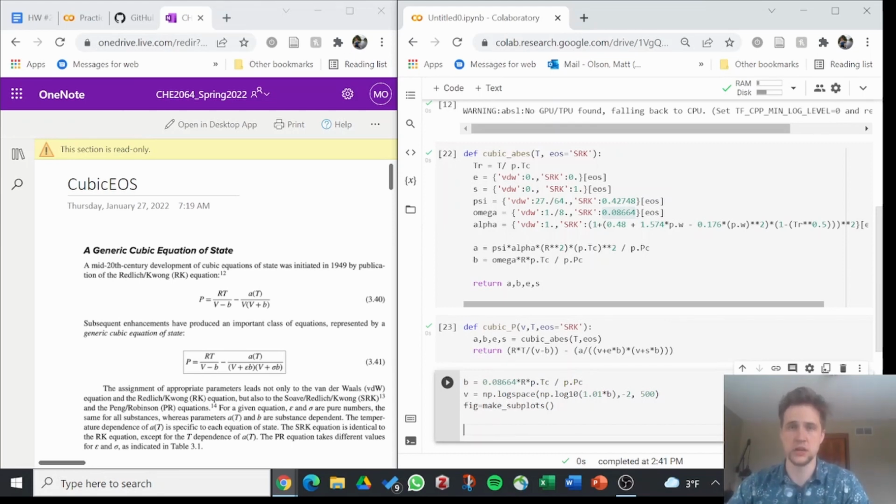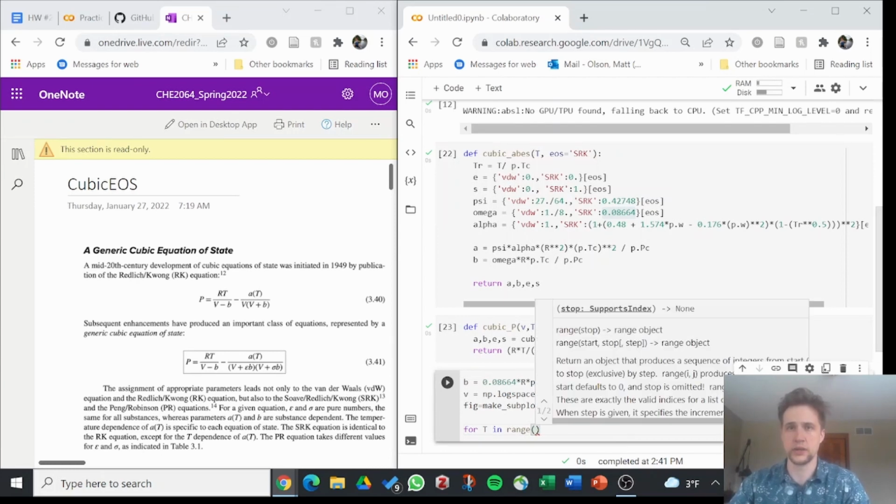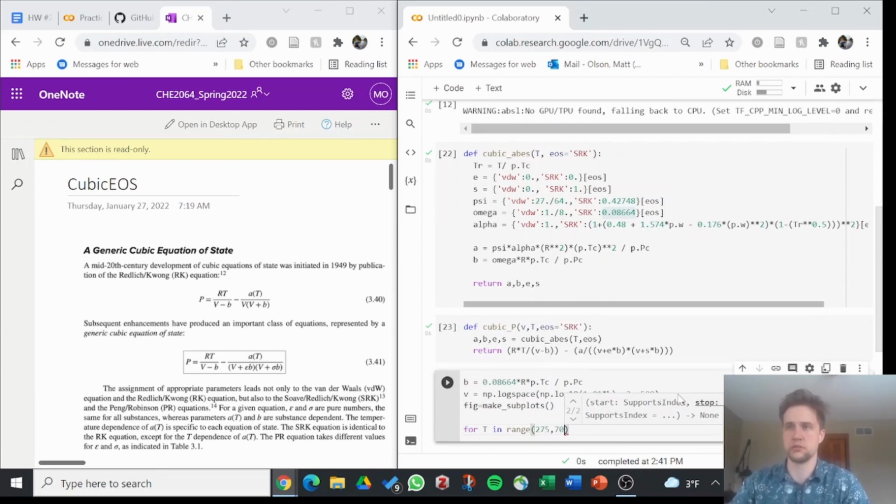So we want to be able to see just what happens based off a whole array of temperatures as water moves from being really cold to really hot, and see what that does to the pressure and the volume. So let's go ahead and make a whole for loop instead of just one temperature value. So let's start near the freezing point. Let's get it really nice and warm, and we'll move at 25 Kelvin increments.